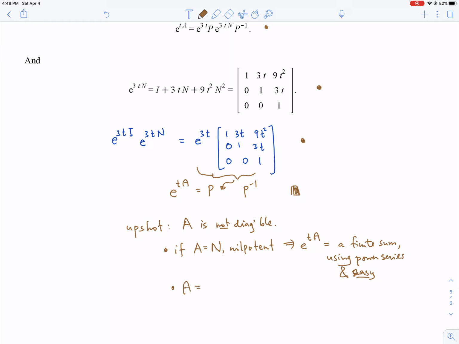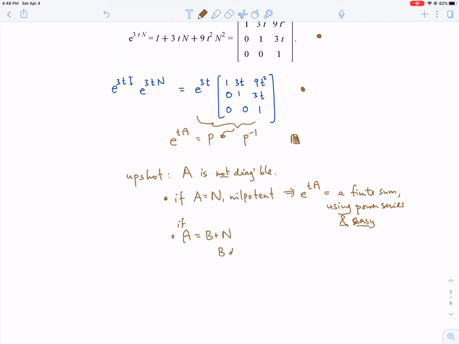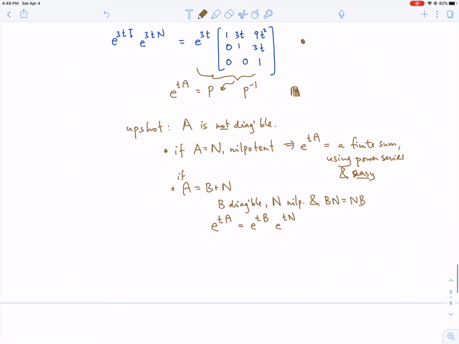If A equals B plus N, where B is diagonalizable and N is nilpotent, and N and B commute, then e to the tA is just e to the tB times e to the tN, and we know how to compute each factor.